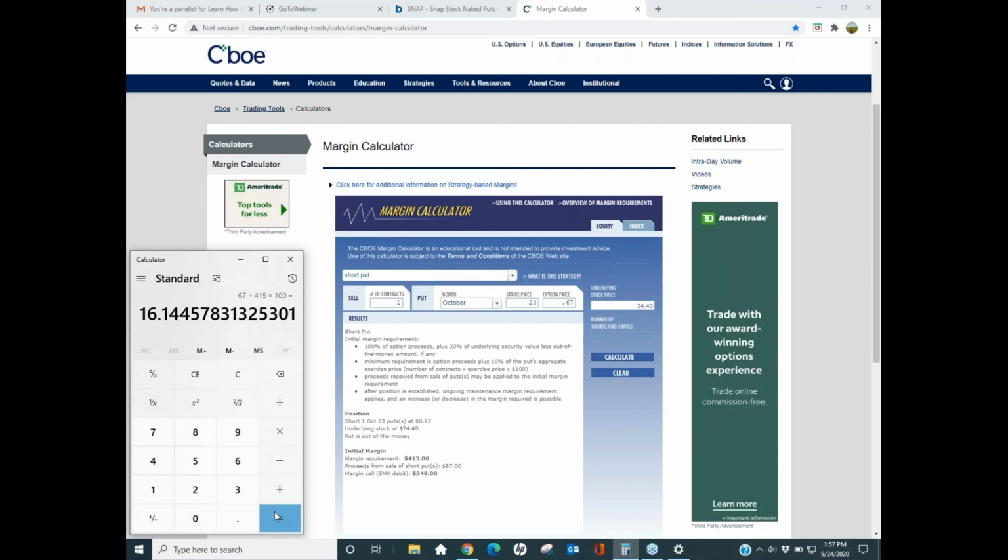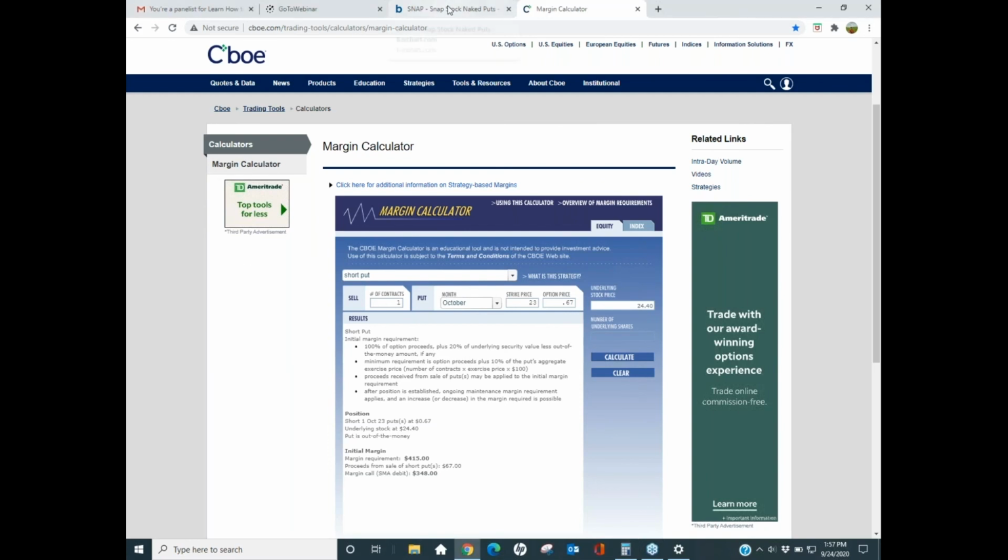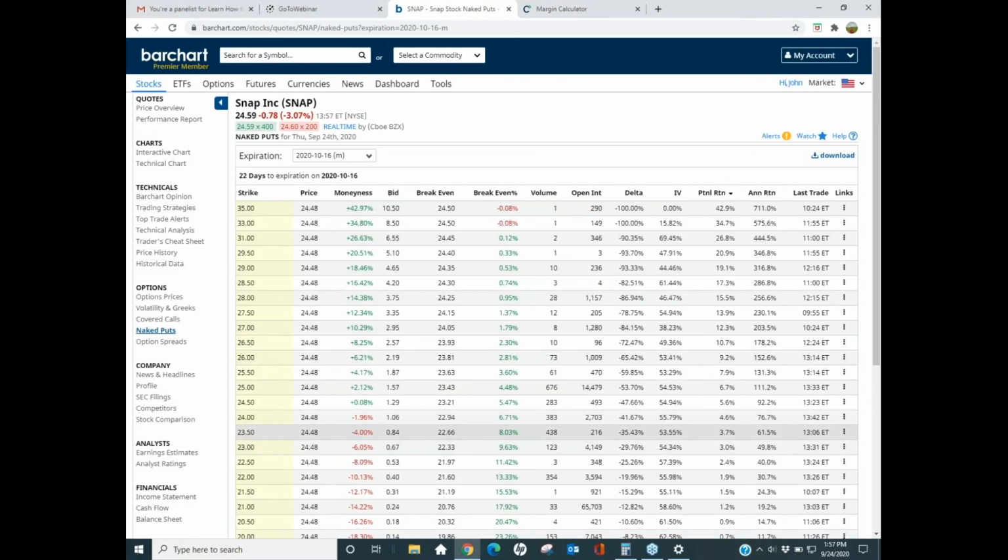If I was using margin, I had a margin account available to me, this option strategy would return a potential 16% in 22 days and not the 3% that we would get on a cash secure. Okay, so there's a little tool for you guys out there to look for to help you do that math.